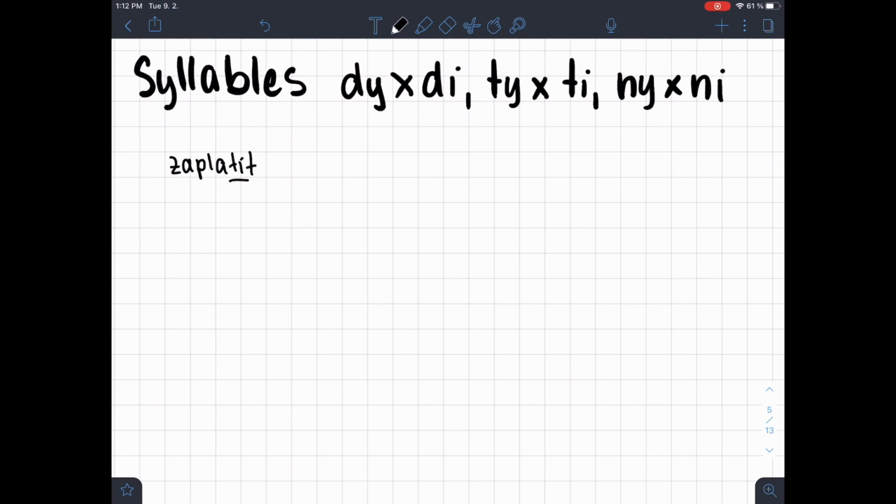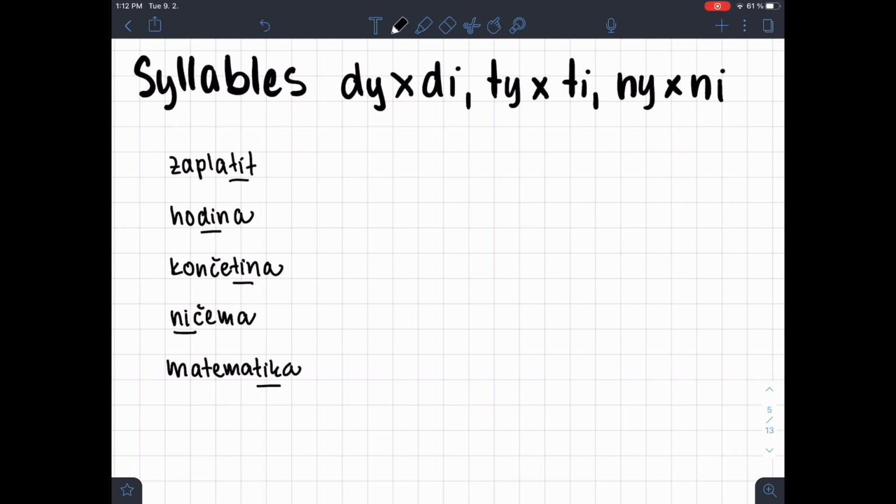Zaplatit. Hodina. Končetina. Ničema. Matematika.